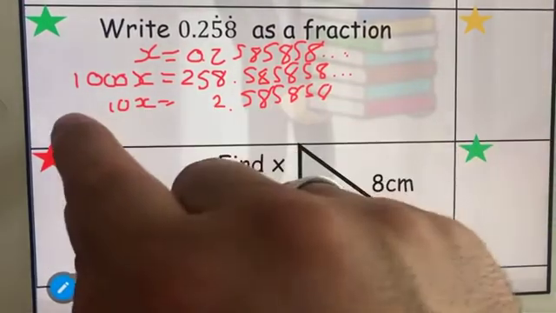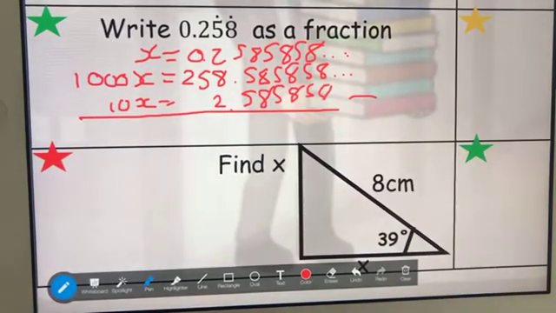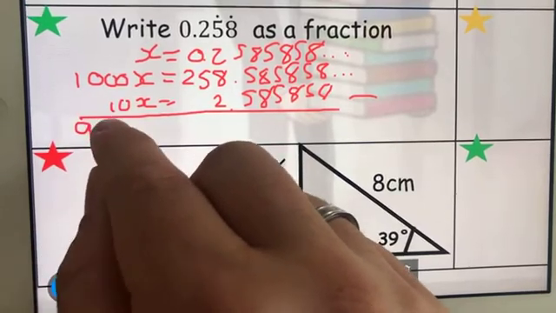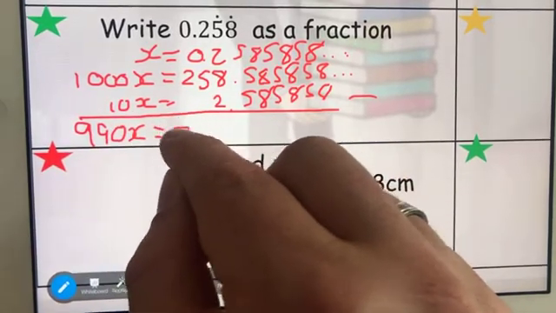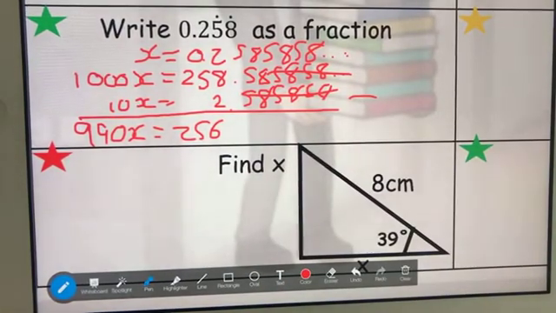Those that have done this lots can see my main objective is to get the recurrent digits lined up with each other, because if I take them away then, I end up with 990x equals 256. These bits cancel each other out if you take them away, because they're identical. 990x equals 256.